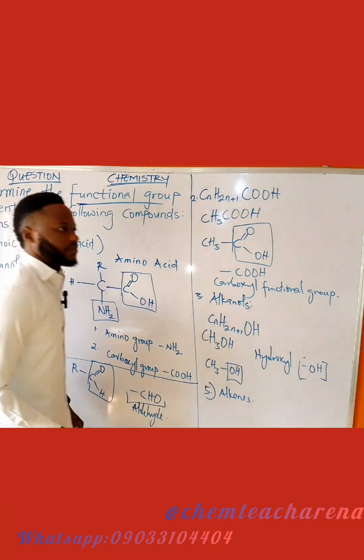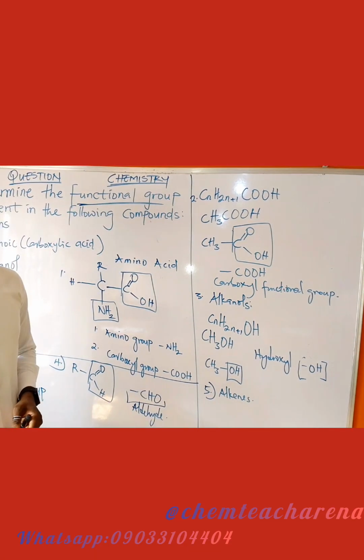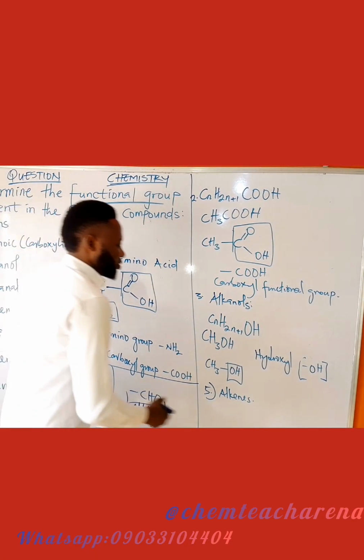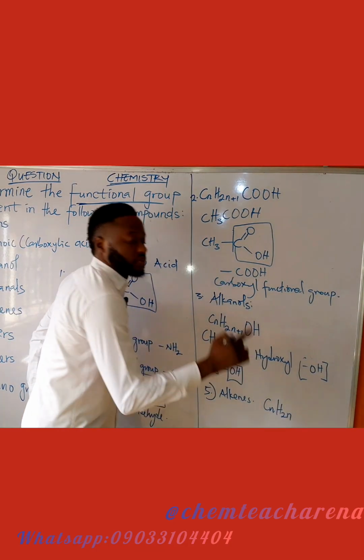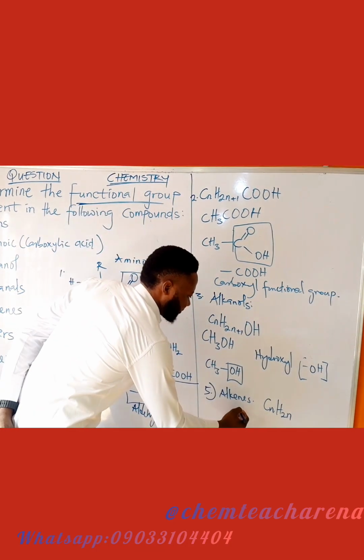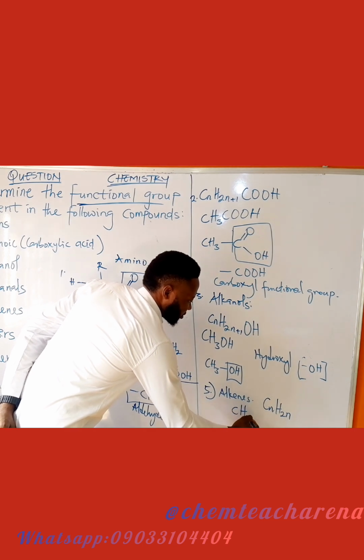This one is very simple. Alkene has a general molecular formula of CnH2n, where n is 1. Substitute it, you now have CH2.